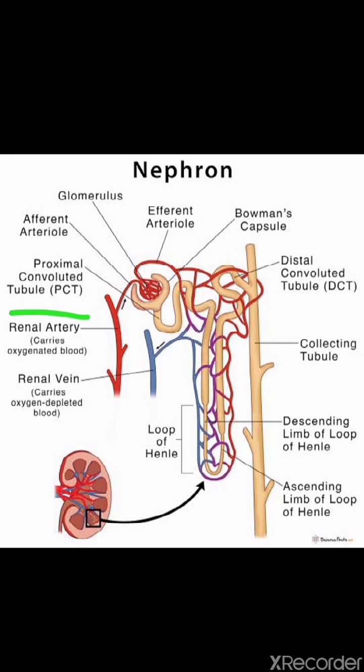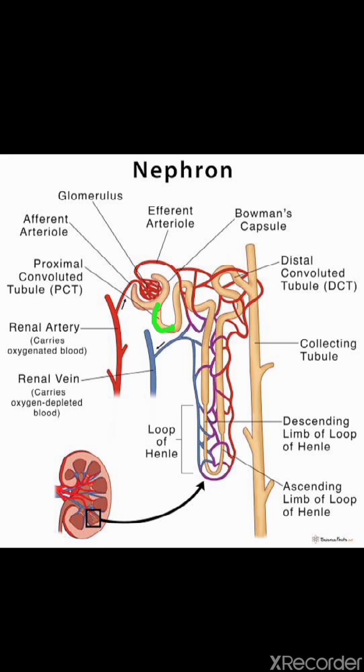PCT or proximal convoluted tubule, this one is PCT. Proximal or first convoluted tubule is the starting convoluted region of the tubule. Proximal means nearer, that is nearer to the Bowman's capsule. You can see that PCT region is nearer to Bowman's capsule.